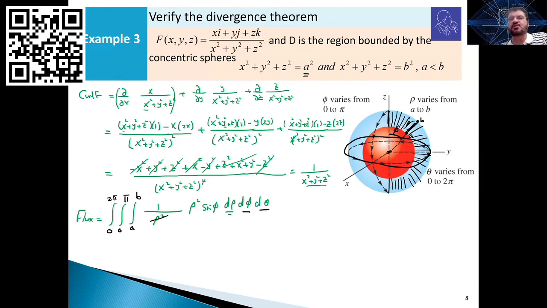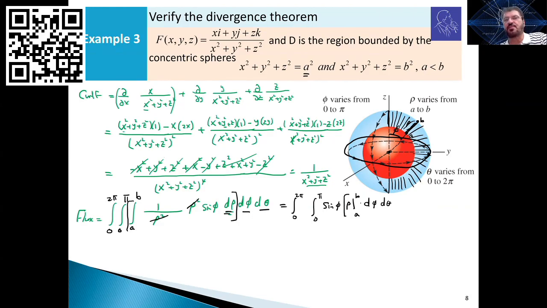Now what happens? Rho square goes with rho square, and we start the integration from inside. So this is 0 to 2 pi, 0 to pi. Now sine phi is a constant with respect to rho, so we don't integrate it. The integration of d rho is rho from A to B. Then d phi, d theta.